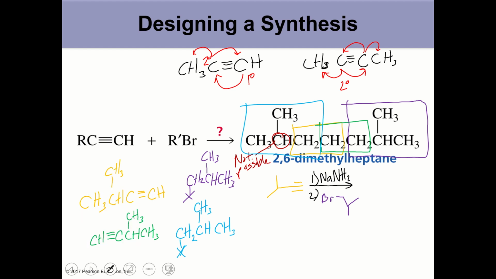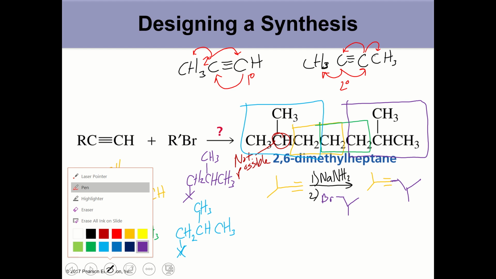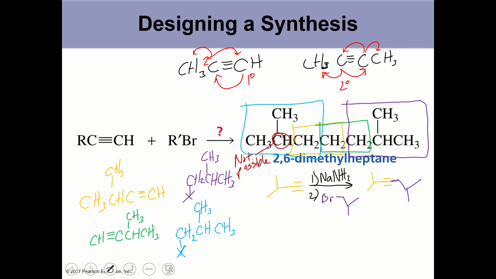We combine them to produce our alkyne. And then I can treat this with H2, Pd/C, and remove all pi bonds.